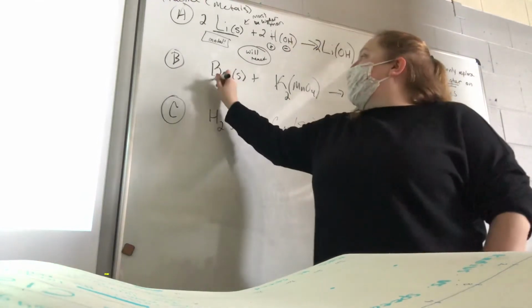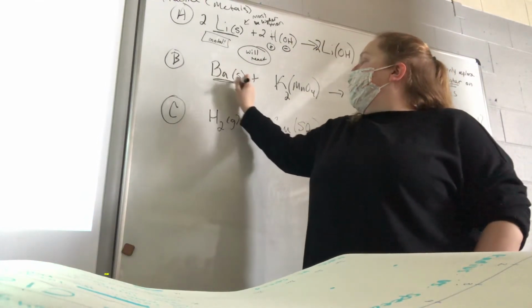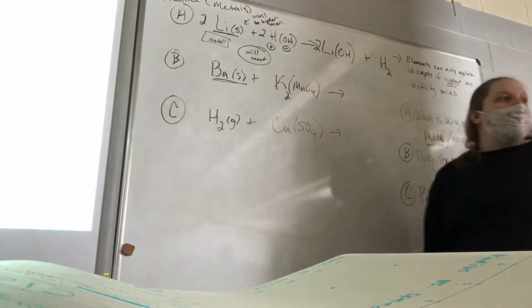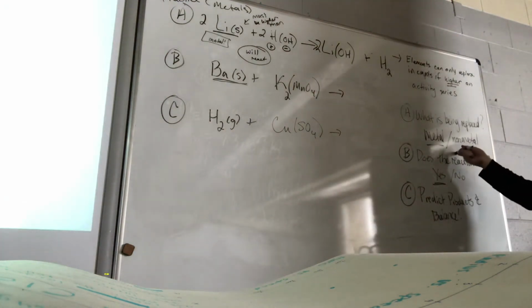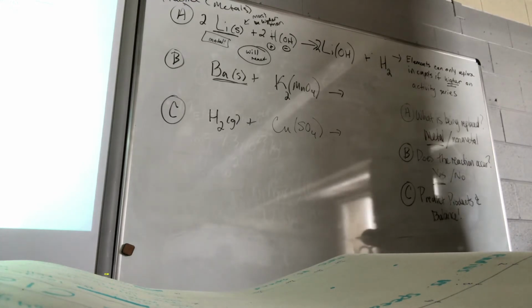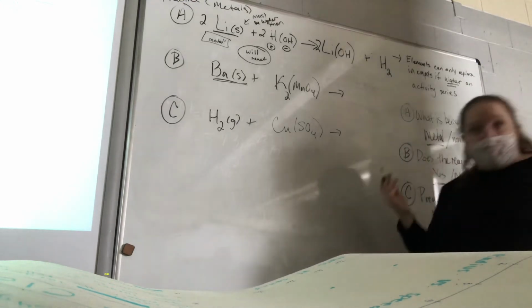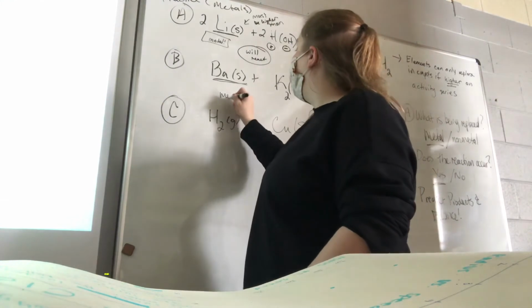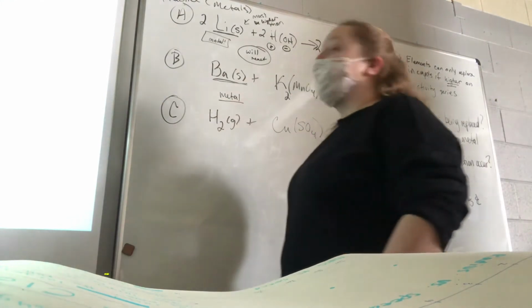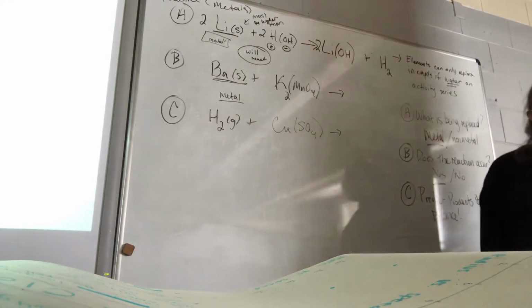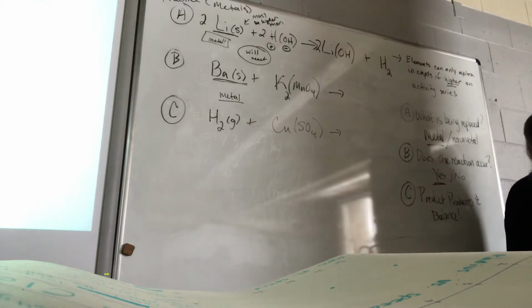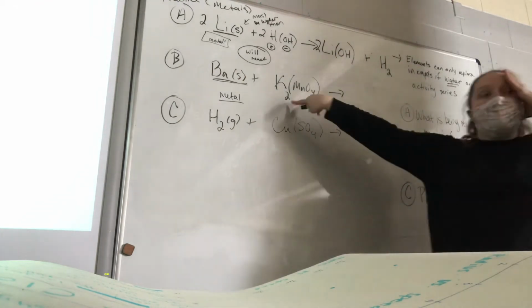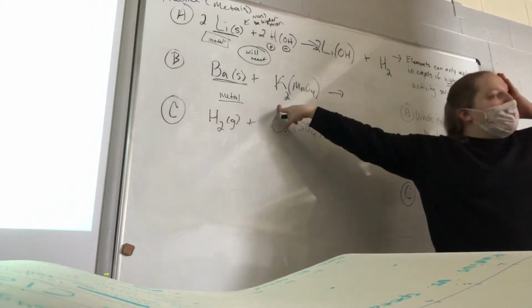So the metal that's by itself is barium. What's being replaced? Since barium is a metal, the metal must be replaced, right? The thing by itself is the thing that will be doing the replacing. If it were going to do the replacing, what would it be replacing in this compound? Potassium.